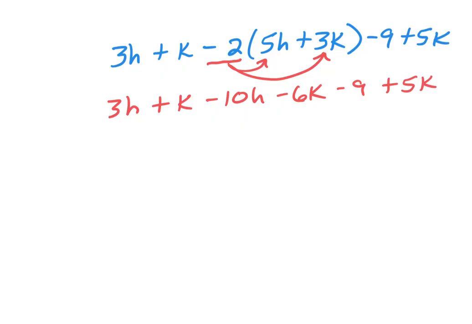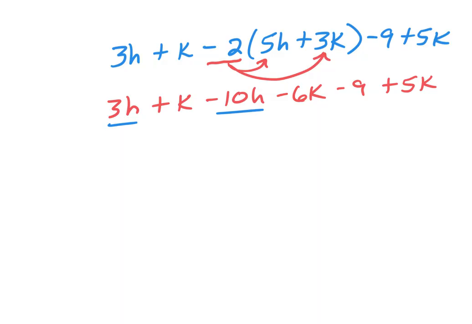Okay, and here's why I would say you probably don't have to rearrange everything, because I think it almost takes more time. As long as you can identify, okay, these have h's, these have k's, these are just numbers, then combine. But when I combine these two together, in front of the 10 is a minus sign, right?